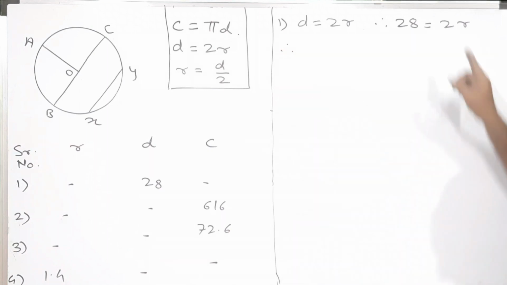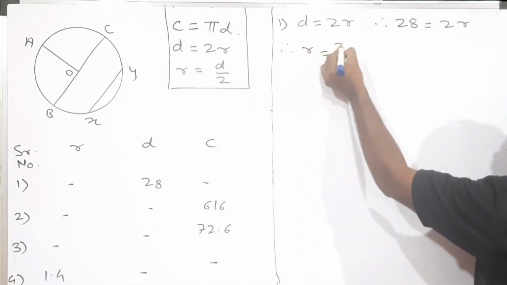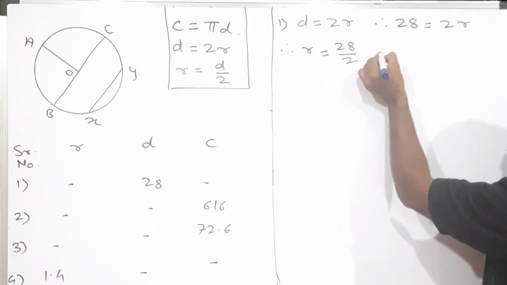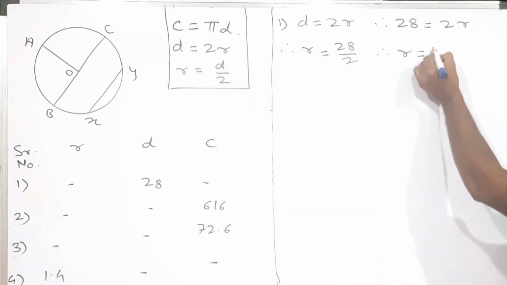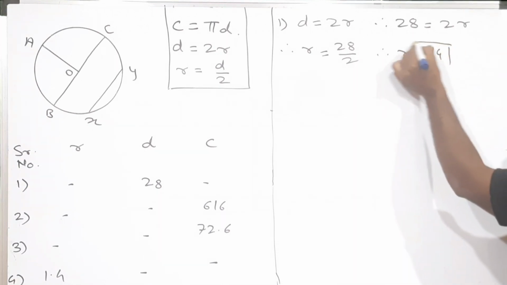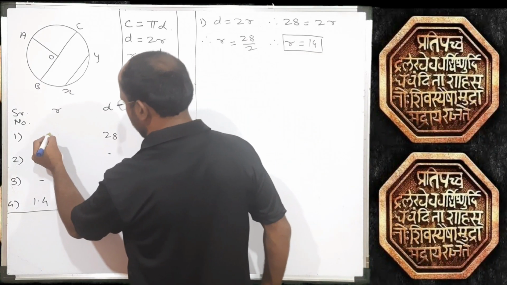Therefore, now this r, we have to find the value. 2 will change the side and will divide. So r is equal to 28 upon 2. Therefore, r is equal to 28 divided by 2, 14. Clear? Let's write this value in the table, 14.